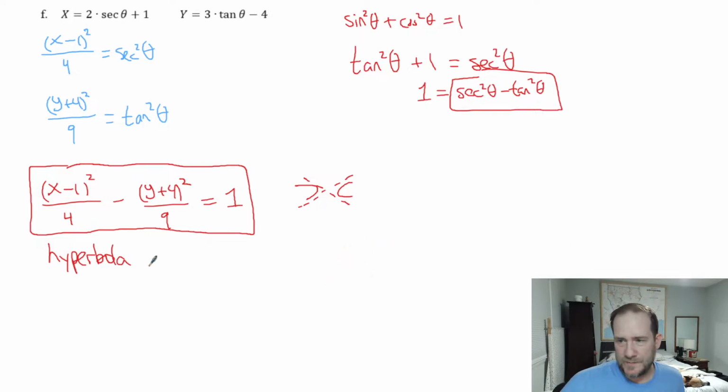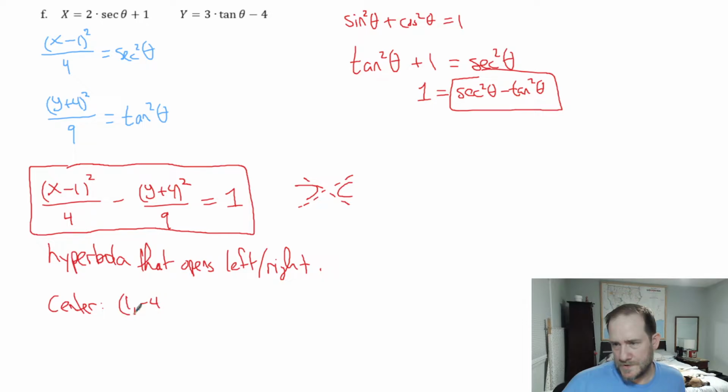So you can say it's a hyperbola that opens left, right. Okay, the center is still just h, k, so that's still just 1, negative 4. And these denominators still tell you the distance left to right to go and the distance up and down to go.